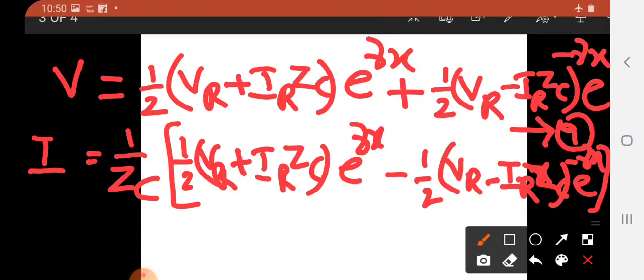Okay, now we can still simplify this equation. So let me insert ZC in this equation.